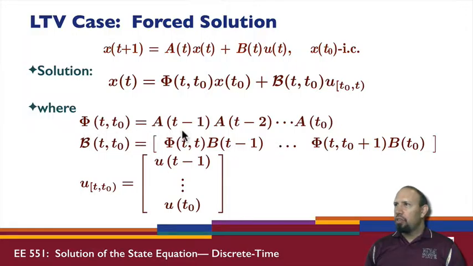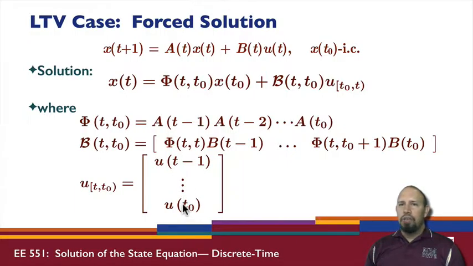So again, the state transition matrix is the product of the instances of the matrix A, and the control map can be written as a product of the state transition matrix times the instances of B, where the state transition matrix also varies. And then we have the control input sequence as we had before.